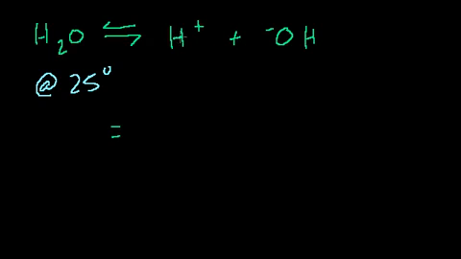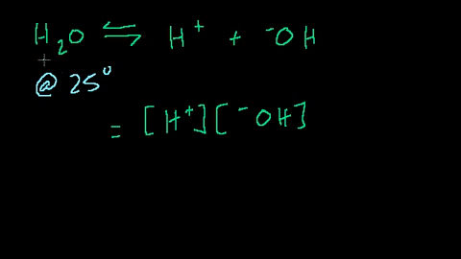as a review, is the concentration of the products divided by the concentration of the reactants, but the reactant in this case is just water. It's the actual solvent, and it's everywhere. So if you go back to that intuition example, the probability of finding it is 1 in any. So it's just always there, so you don't include it.